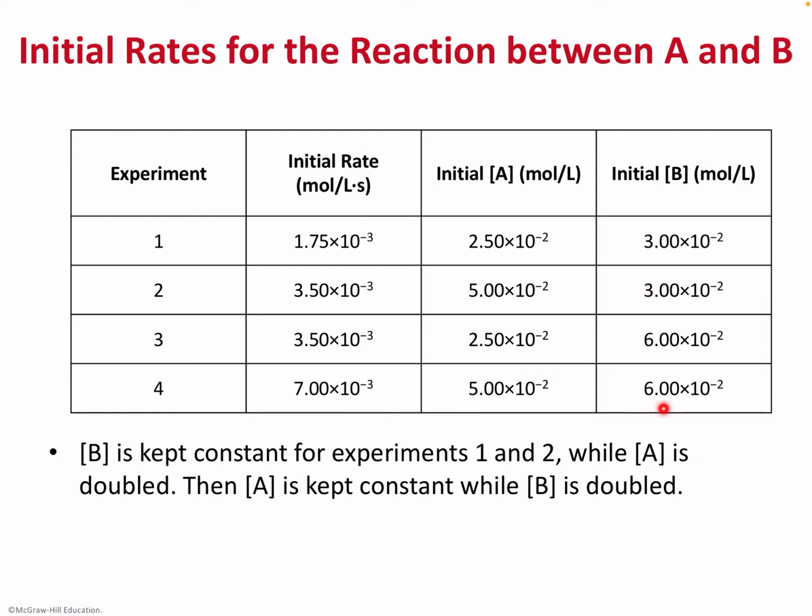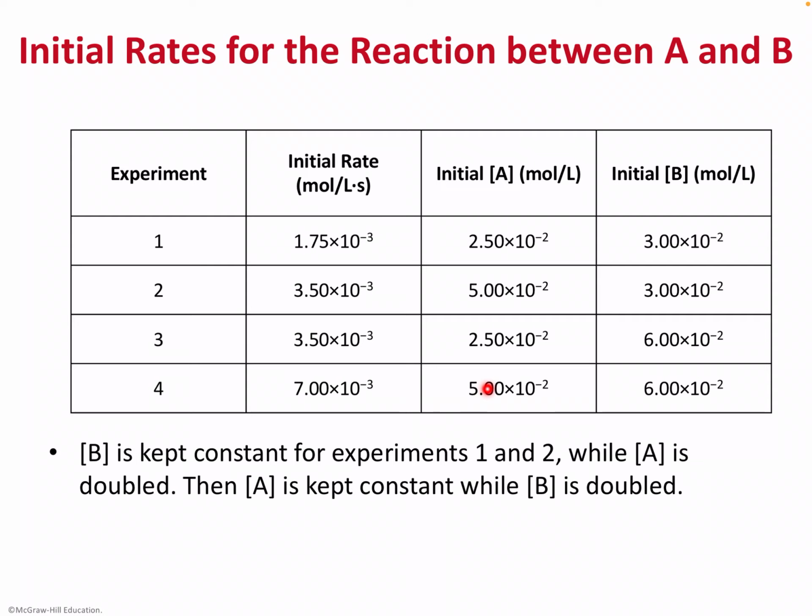Now you can see that only the first 3 would be sufficient for us to find out the orders, but additionally you can do experiment 4. What experiment 4 is doing is keeping the concentration of A constant.